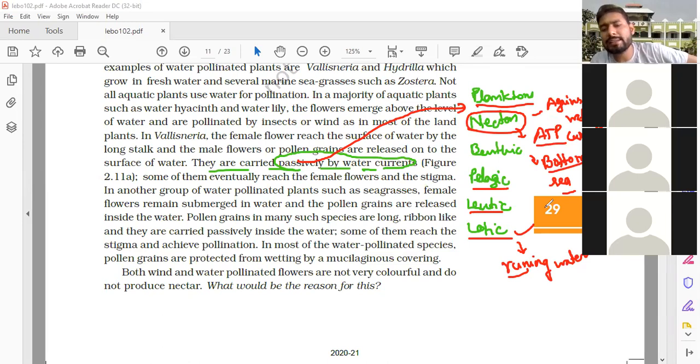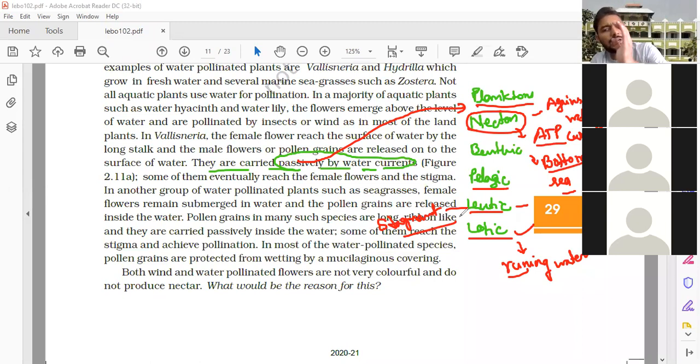So where there is running water, definitely the lotic type is found. Lentic means it is found in stagnant water. Stagnant water means water will not move. That you can say ditches, pond, and small swimming pool. Where there is stagnant water, only the lentic type of animals are found.